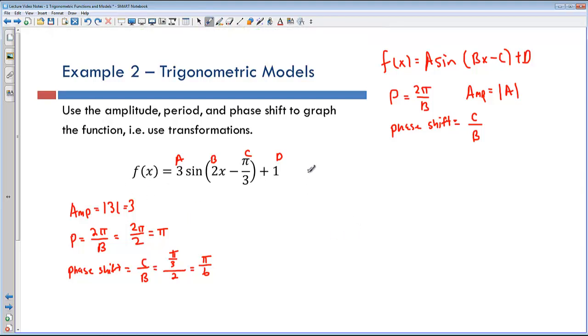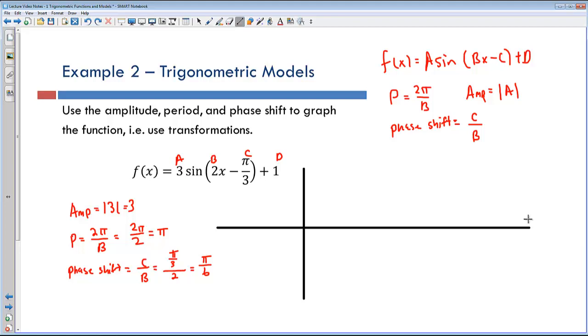And the way that I like to do it is I have my, let me be a little bit better about this. We have our x and y axis here. So here's my y, and then here's my x. And I can just draw sort of a normal sine function, right? So a normal sine function would start here, and it would go up and then come down, and then go down here the same way and come back up.